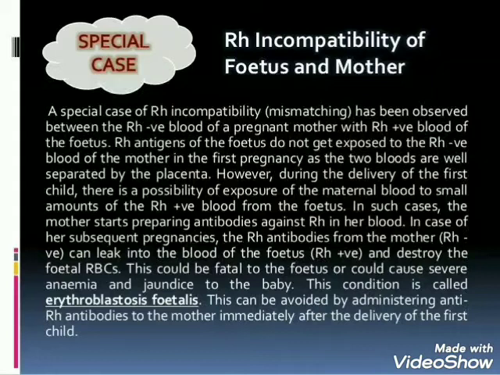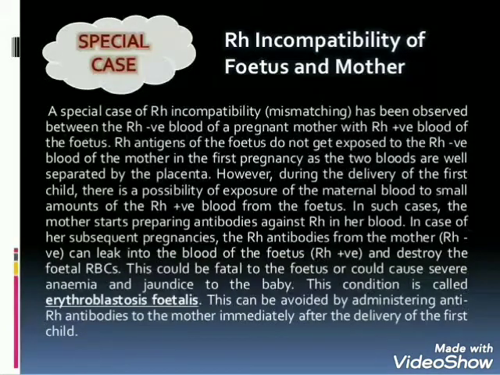In her subsequent pregnancy, the Rh antibodies from the mother, who is Rh negative, can leak into the blood of the fetus, which is again Rh positive, and destroy the RBC of the fetus.